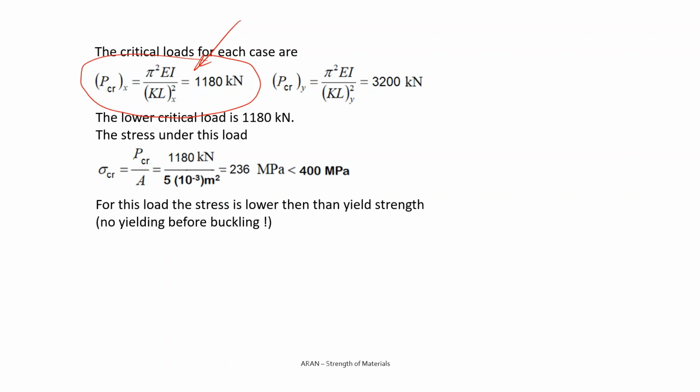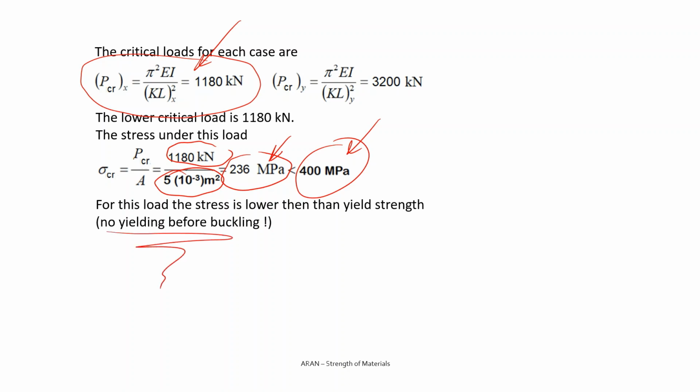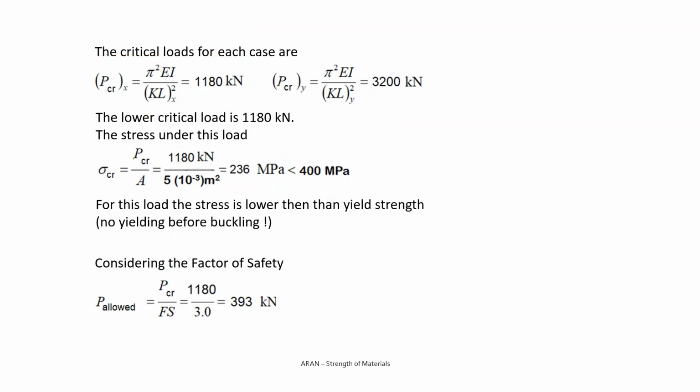Let's calculate the stress under this load. 1180 divided by the area gives you 236 megapascal, and the material's yield strength is 400. So in this case, buckling will occur before yielding. So no yielding before buckling.